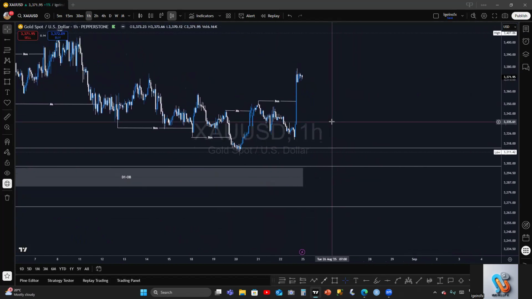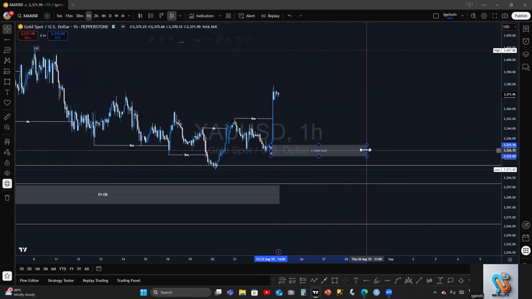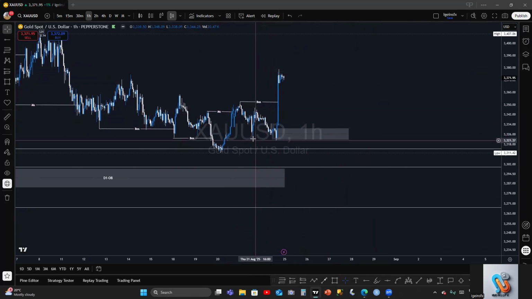We can see something here. If you want to do a fire brigade approach, this is the order block that caused this break of structure to the upside.